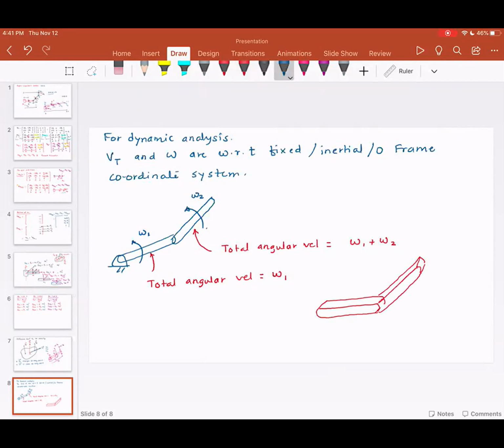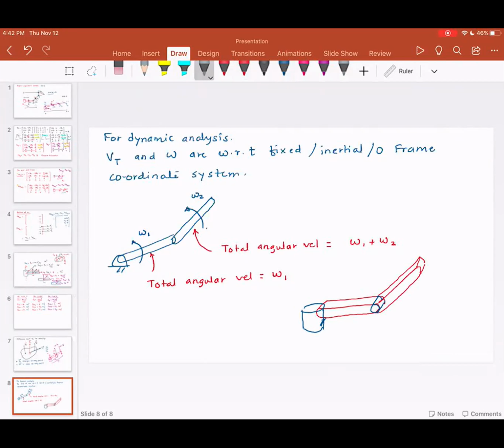So now if you want to solve the problem, let's consider that you have a revolute joint here. This link is attached to this revolute joint, and there is another revolute joint which is over here.